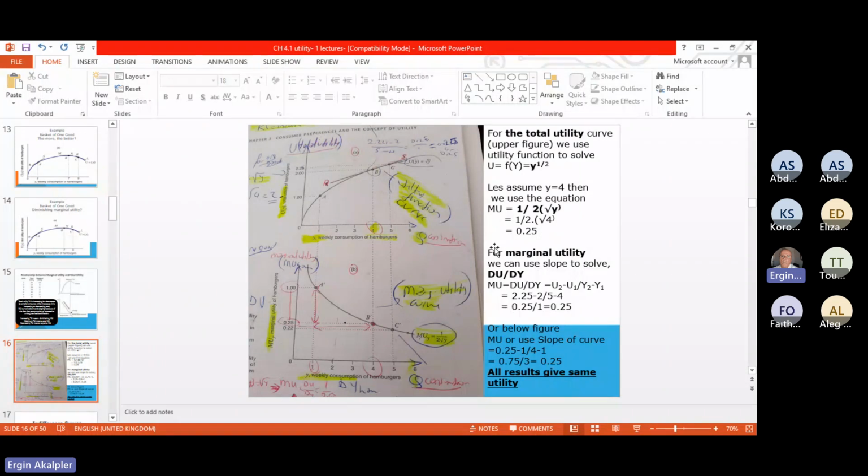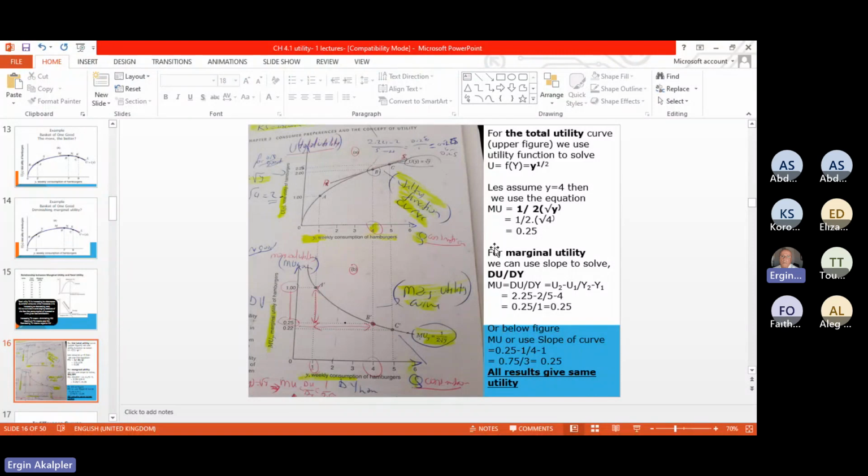Then you put in 4. If you get the marginal utility for 4, then you will get 0.25. If the marginal utility represented on the below curve and graph is used, then we can use the slope for this. Using the below given curve and graph, you get the marginal utility delta u over delta y, which means u2 minus u1 over y2 minus y1, as represented here.